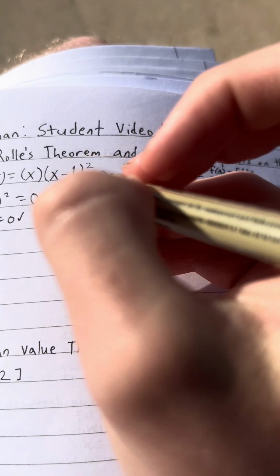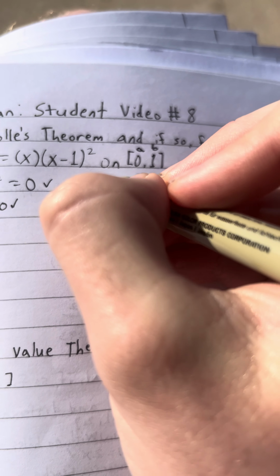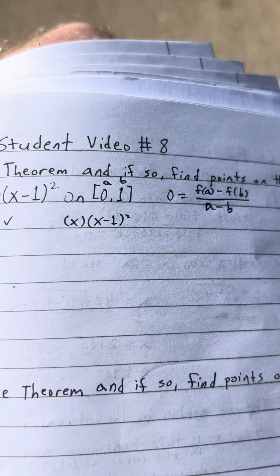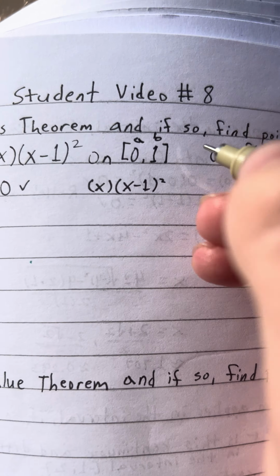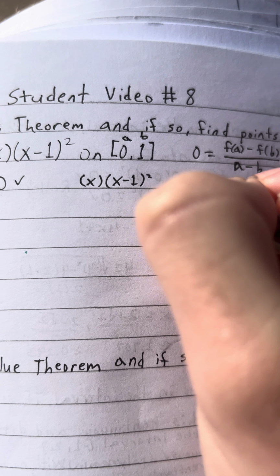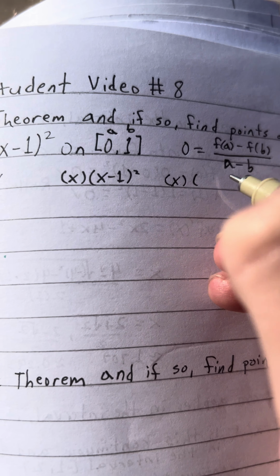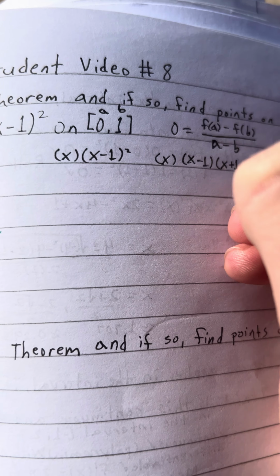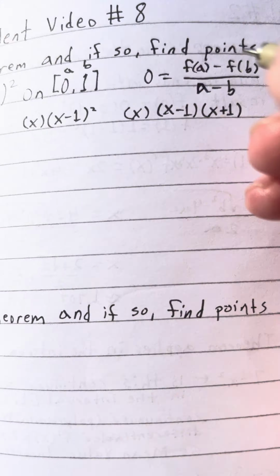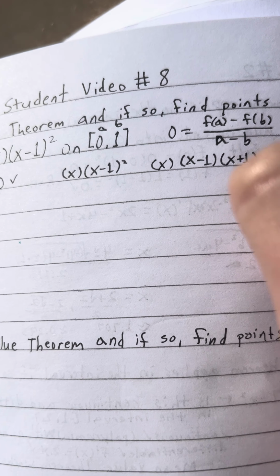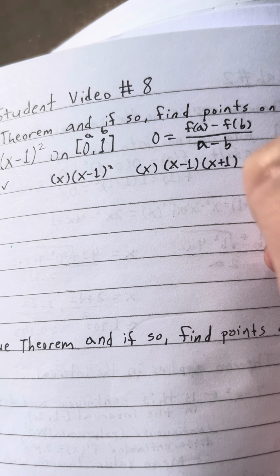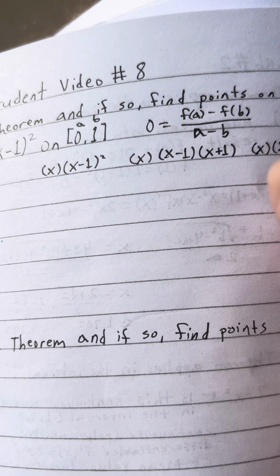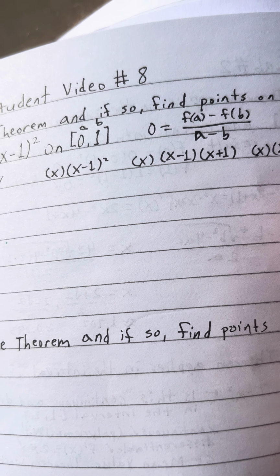So from there, we're going to multiply this x and x minus 1 squared so that we can actually get the values. And we'll expand that x minus 1 squared into x minus 1, x minus 1, like that. So then that will become x times x squared minus 2x plus 1.